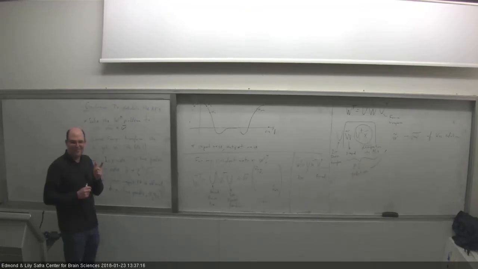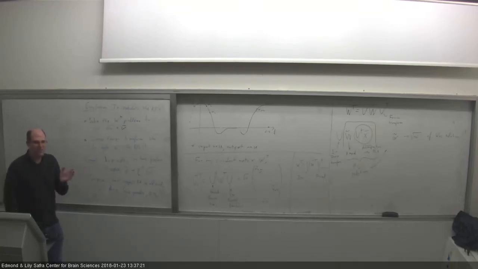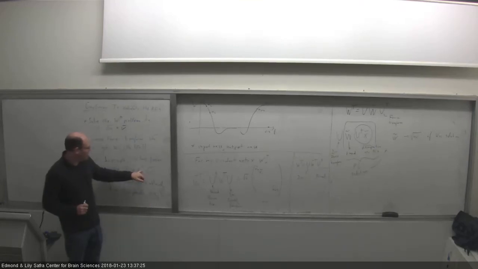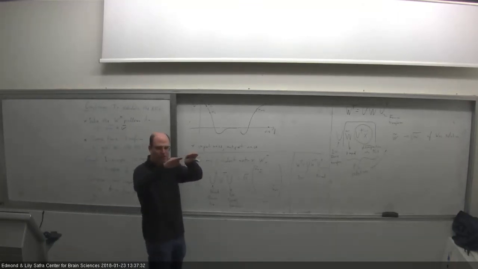Anybody? What you get is translation. So if I would choose here a phase which increases with j, that would just correspond to taking the receptive field and shifting it.